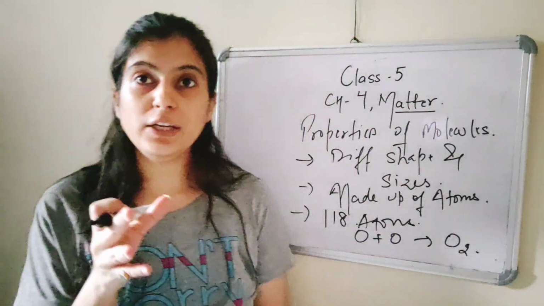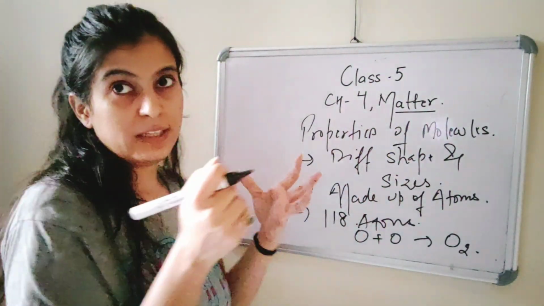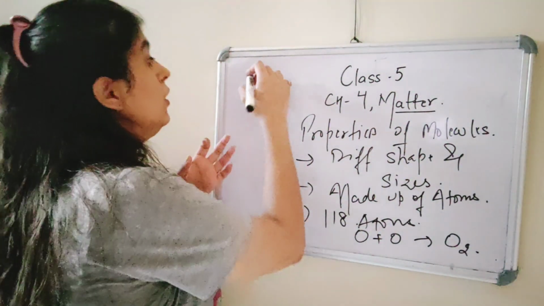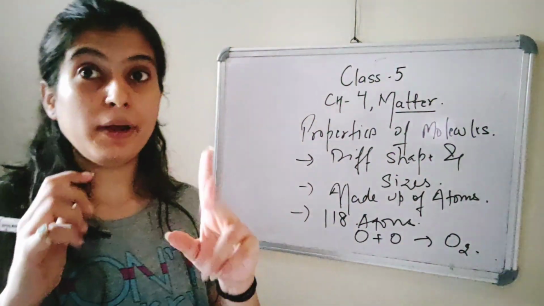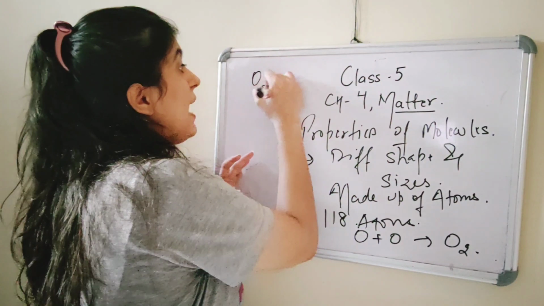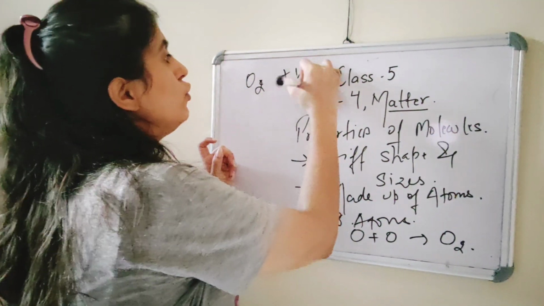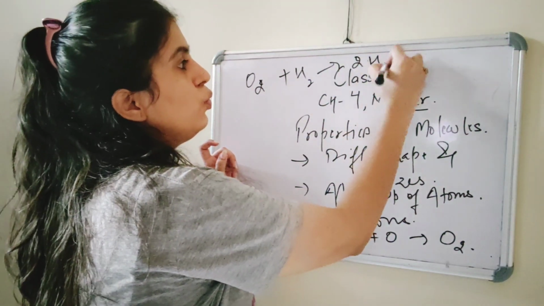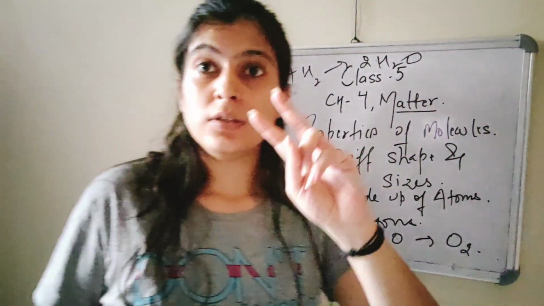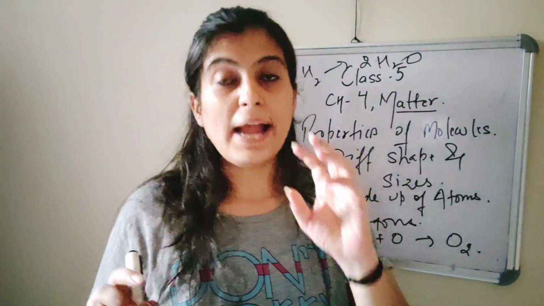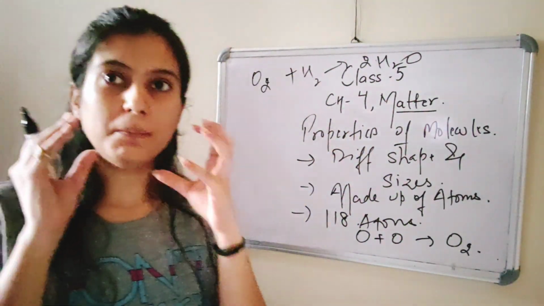So basically, a molecule is a combination of atoms. Also, you can take the example of water, where hydrogen atoms combine with oxygen to form H2O. So same types of atoms can combine, and different types of atoms can also combine, and they form molecules.